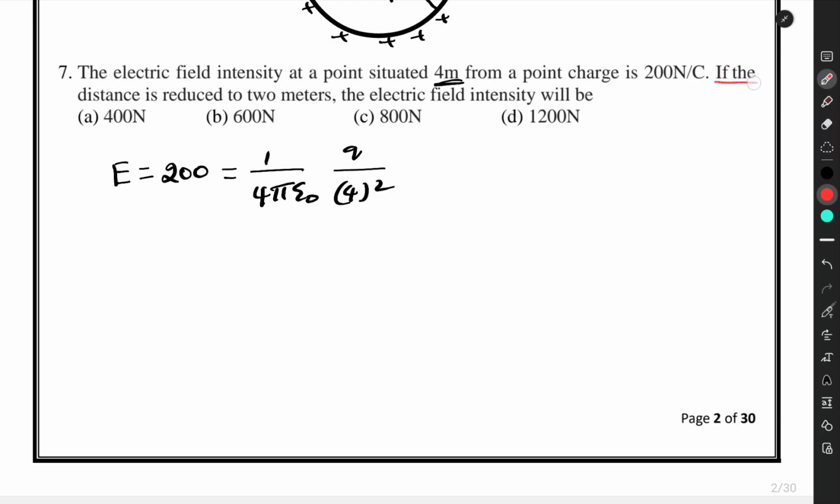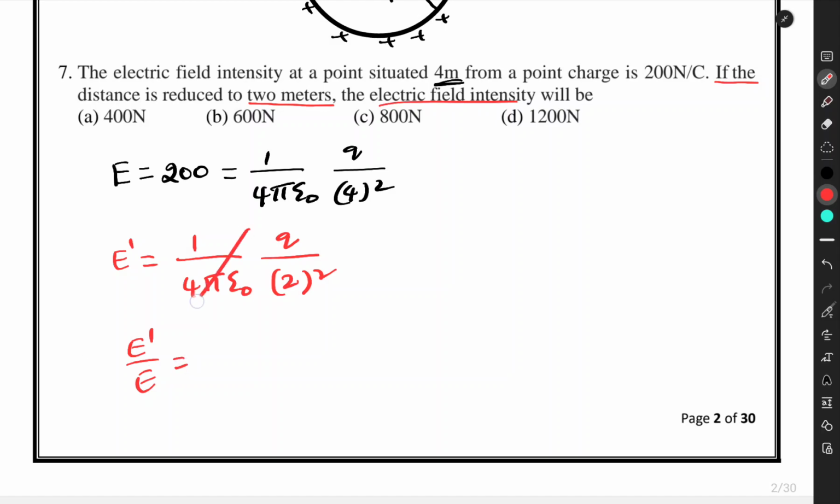See, if the distance is reduced to 2 meters, what is the electric field? That we need to find out. Let me consider E dash is equal to 1 divided by 4 pi epsilon naught Q divided by 2 square, because the distance has reduced to 2 meters. Now let us divide E dash by E. So 4 pi epsilon naught cancels out, Q will get cancelled.